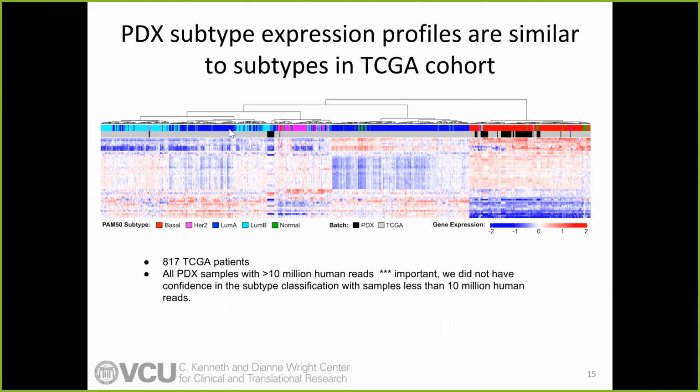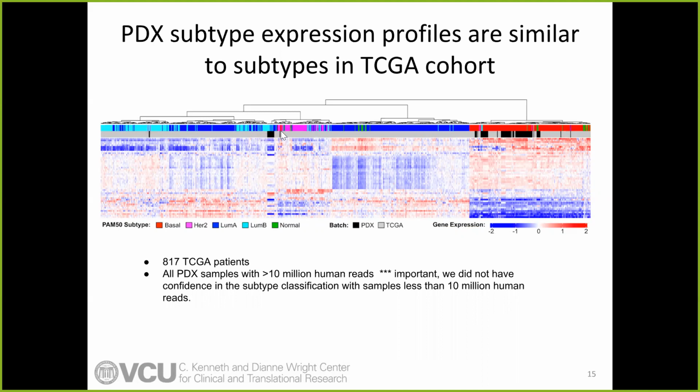The top annotation bar tells you which PAM50 subtype it is. Dark blue and light blue are the luminal A and B. Pink is HER2 and basal is red and normal is green. So you can see that all of our basal-like PDX samples cluster nicely with the TCGA basal-likes. Our luminal A and B samples cluster with the TCGA luminal A and B samples.